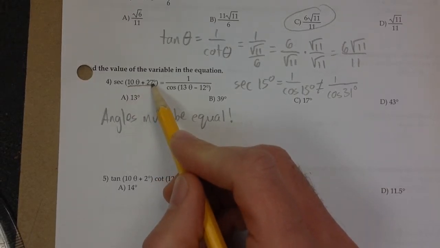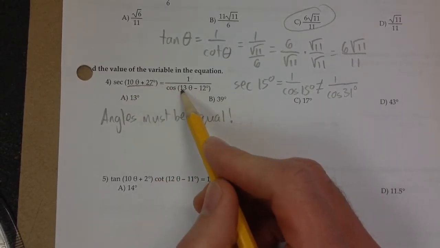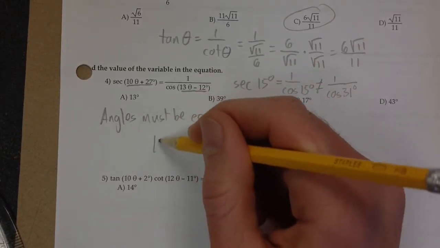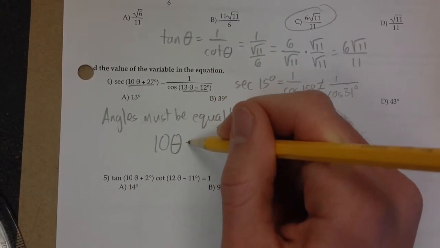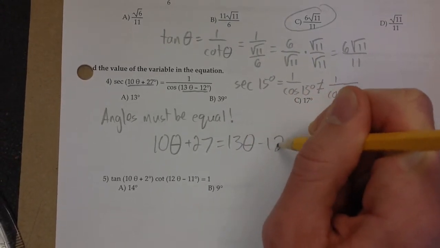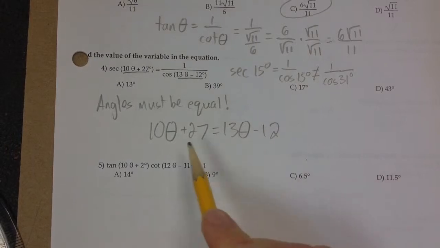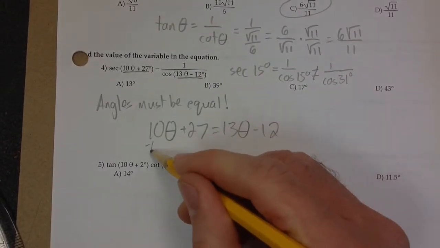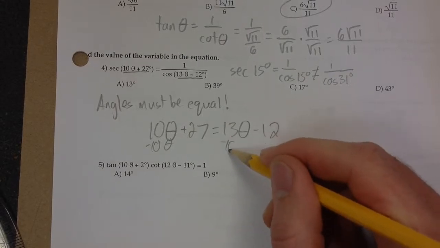This is an angle. Trig functions operate on angles. This is an angle. So 10 theta plus 27 equals 13 theta minus 12. And then it's just an algebra problem. You can think of theta as being x. So subtract 10 theta from both sides.